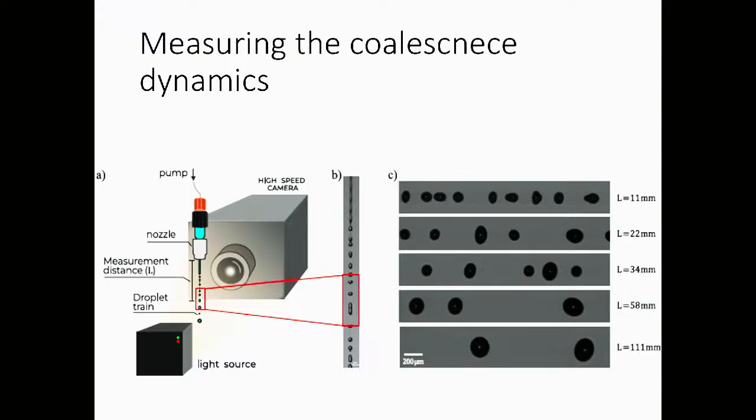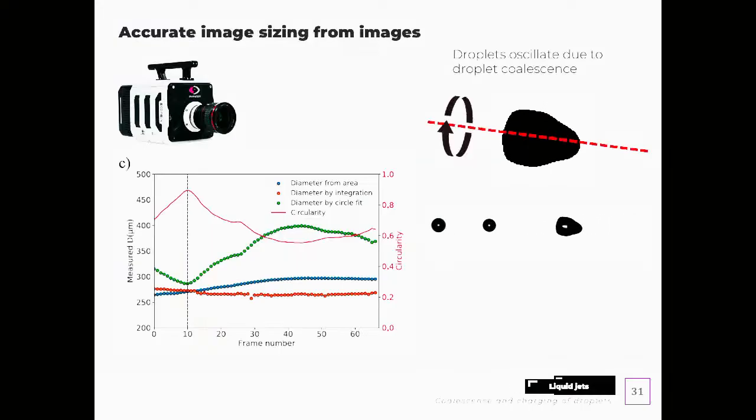We again did lots and lots of experiments, and then you get, at different distances from the nozzle, a different size distribution of your drops. There's one small experimental caveat.